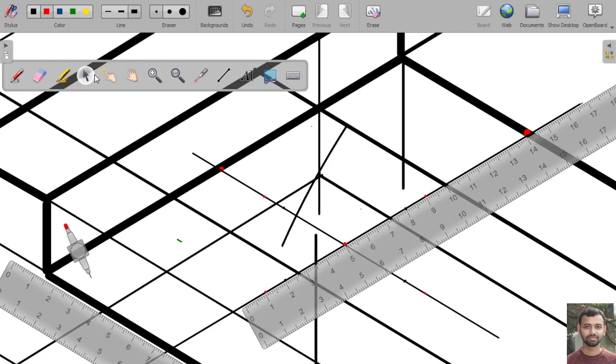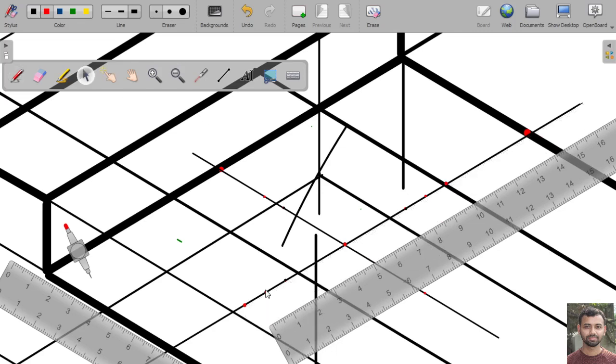That means this distance is 50 mm, and here this one is 50 mm. Both these distances are 50 mm.